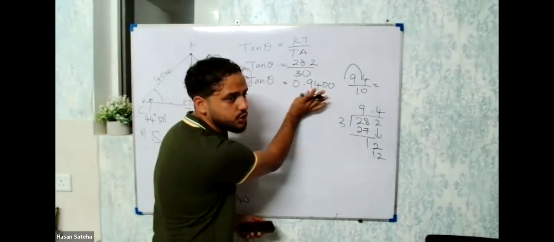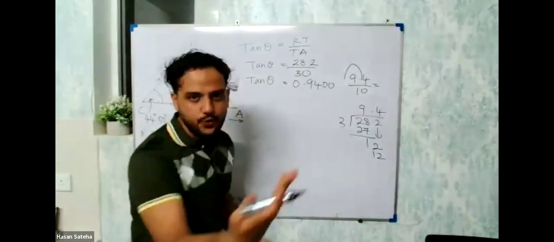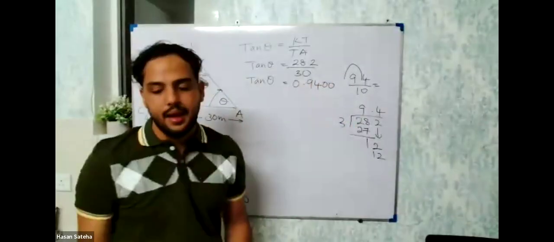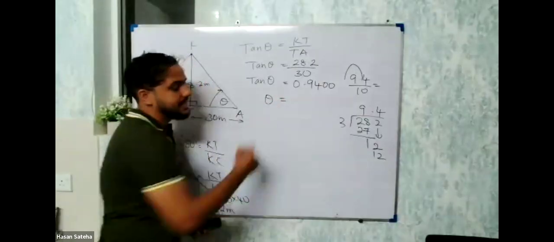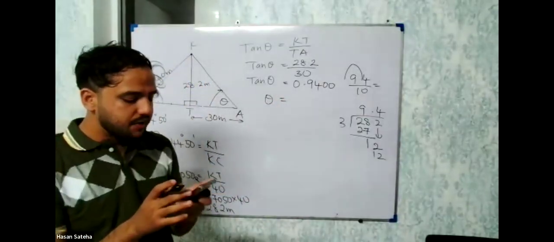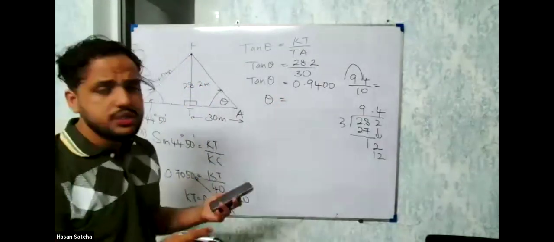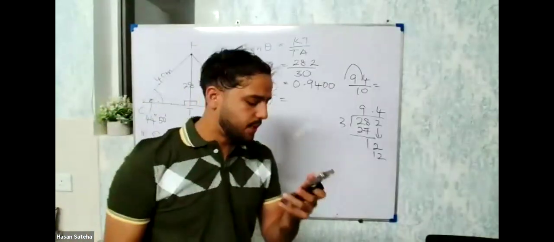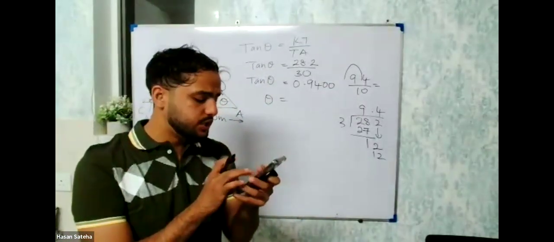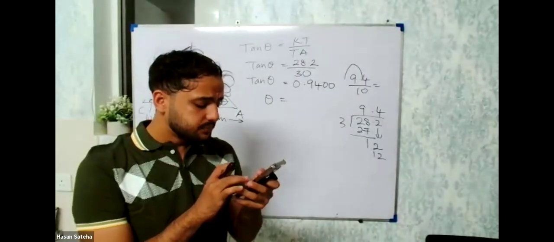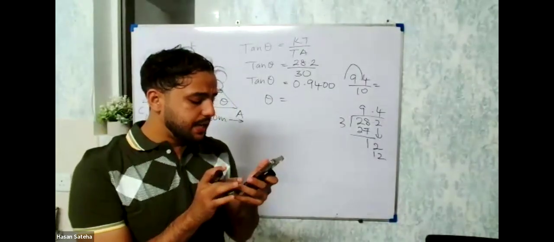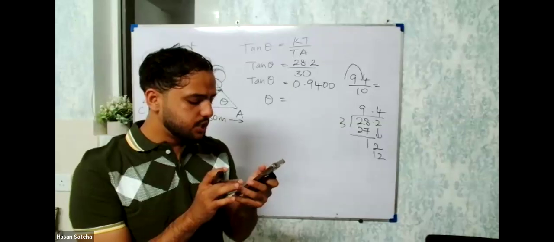0.94. But then to use your tan table, you need at least 4 decimal places. You add 0 there. No problem. So then now we can find the tan theta. Use your tan table and find the angle. You see whether you have a 0.9400. Make sure you're using the tan table, right?